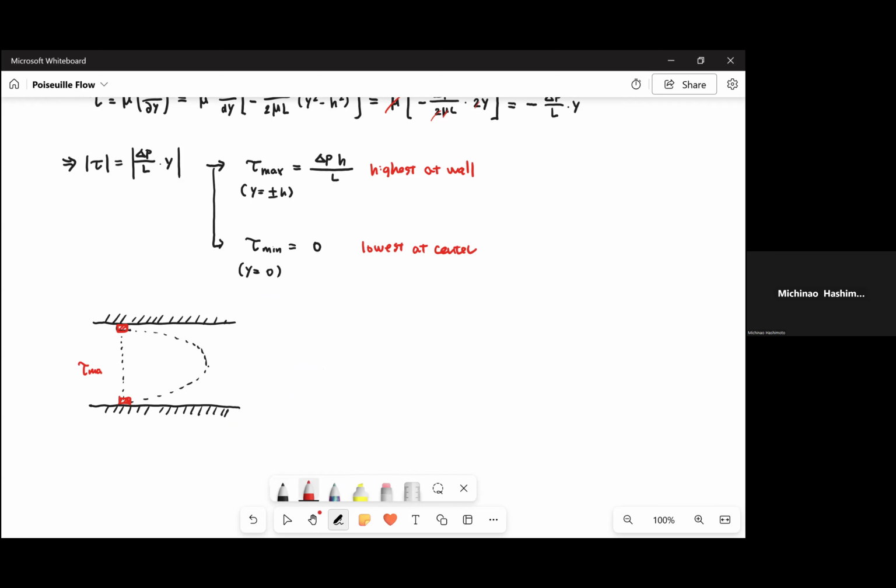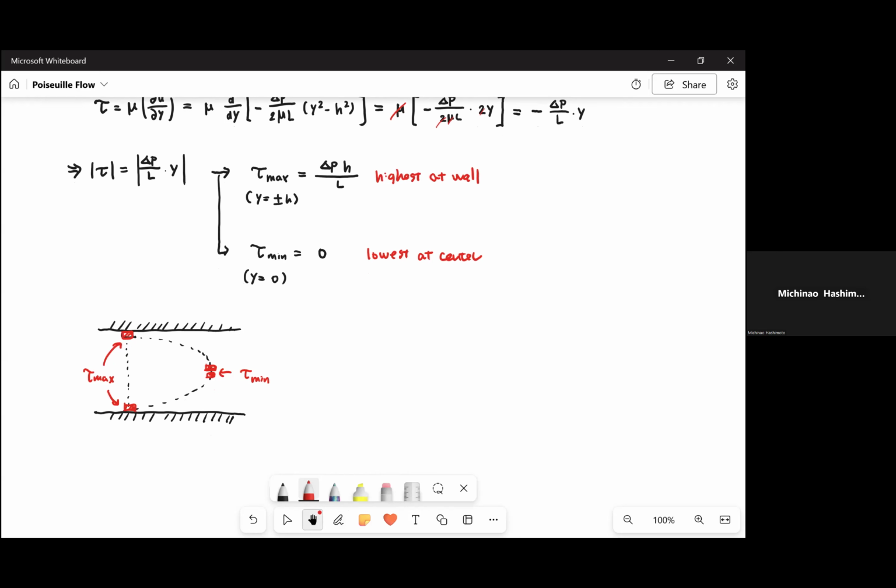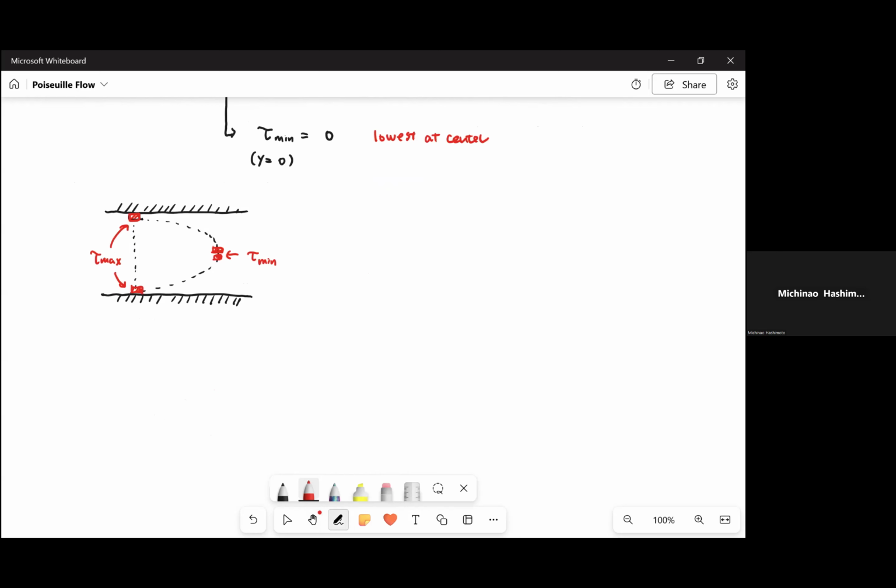Tau max is these 2 points, and then if you take a look at this point, this is the tau mean, where the two fluid particles are really traveling at the same speed. So they don't make any difference in the shear stress. So that is all about the velocity here.